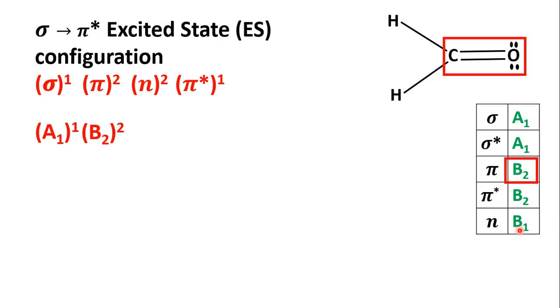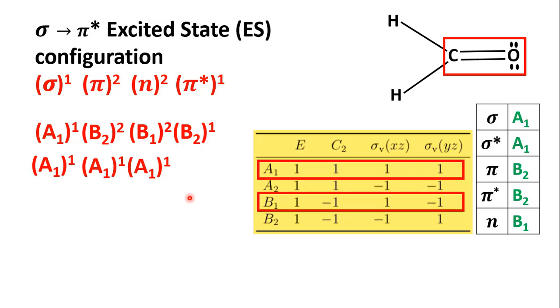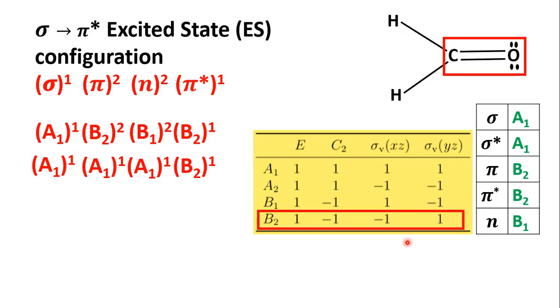The symmetry of the non-bonding molecular orbital is B1. The symmetry of the pi star antibonding molecular orbital is B2. Look at the character table. This is A1. B2 square becomes all positive, A1. B1 square, all the characters of B1 become positive on squaring, and so we get A1. B2 is not squared, there is only one electron, B2 power 1, and so it remains as B2.